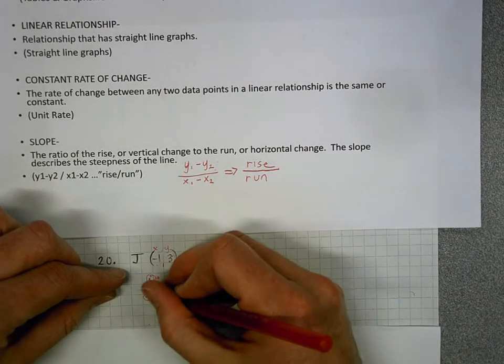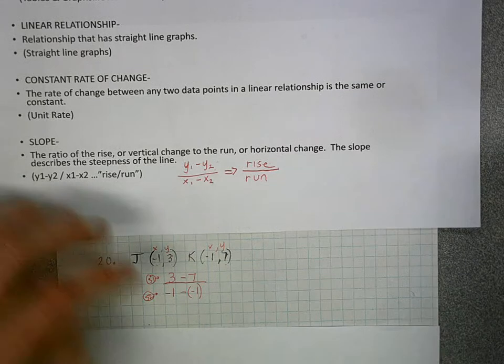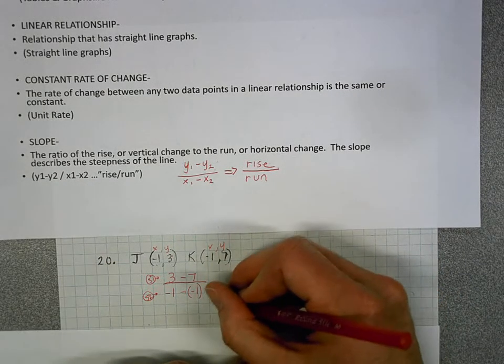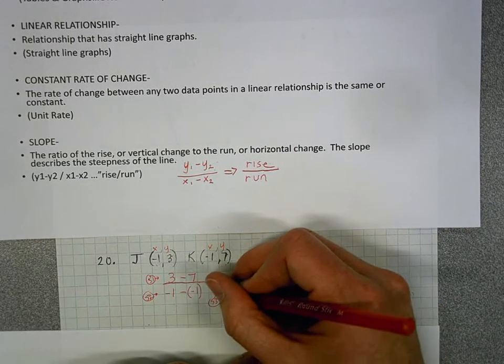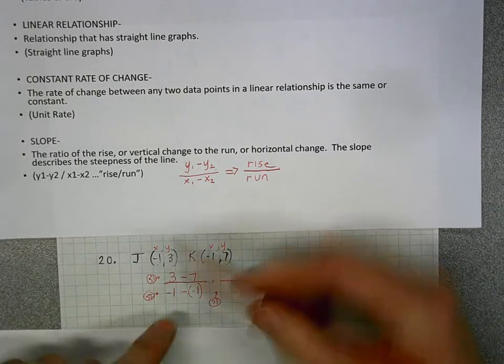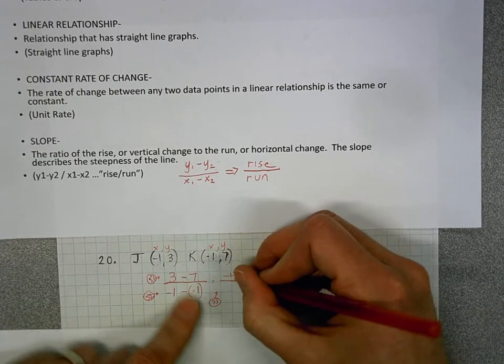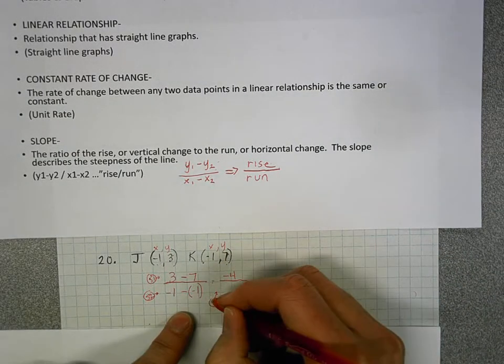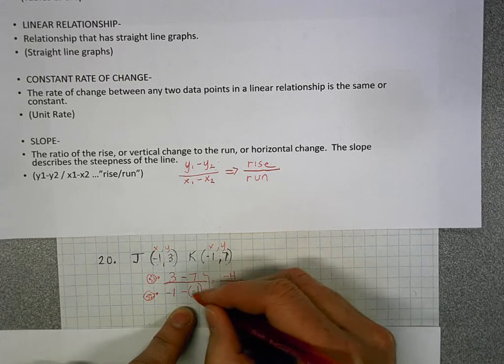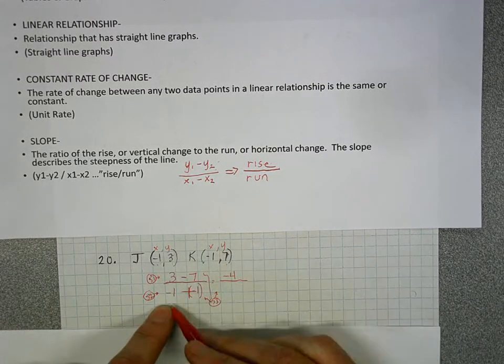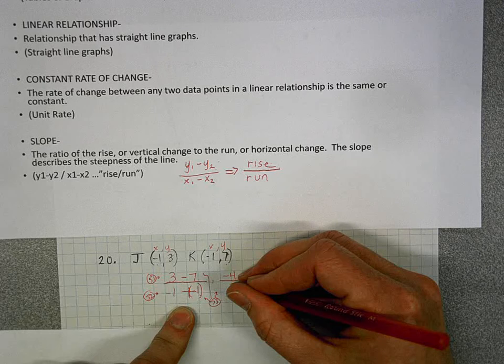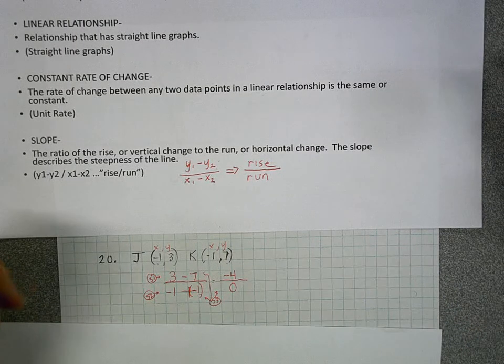So, of course, that was step 2. And then, of course, the third thing is go ahead and compute or get an answer here. 3 minus 7 is -4. And in this case, double negative, right? And a -1 plus 1 is actually 0.